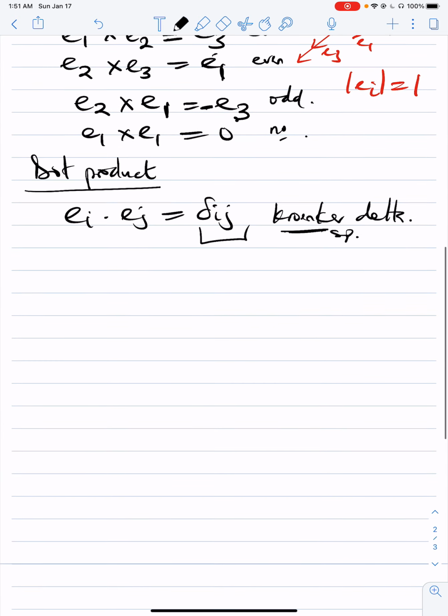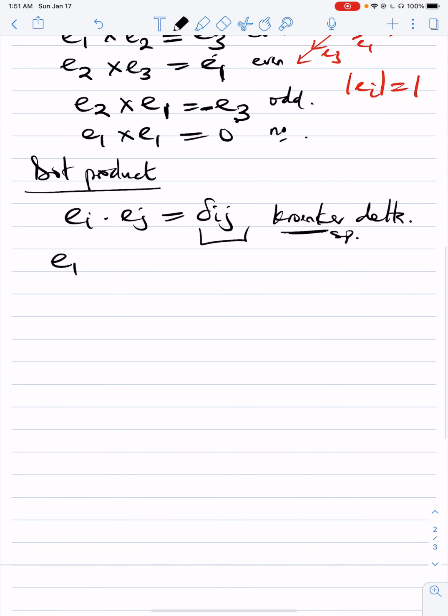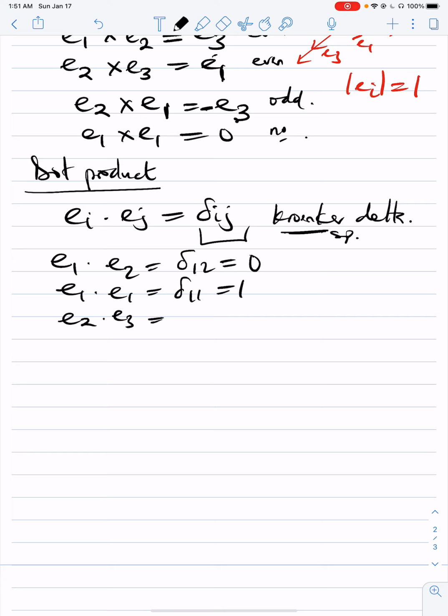So this expression means e1 dot e2, delta 1,2 should be 0; e1 dot e1 is delta 1,1, which is 1; e2 dot e3 is 0; e2 dot e1, that's delta 2,1, gives you 0, right? Exactly. So that explains this, just a side note.